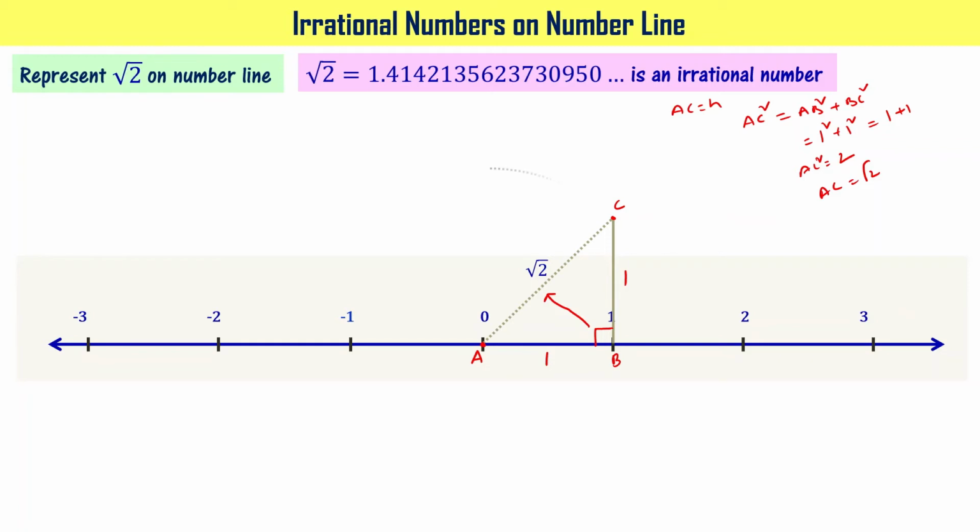If I draw a circle using a compass, then that circle is cutting the number line at this point, right? Let me mark that point. That point is root 2. Understood? Now by doing this exercise, we could mark root 2 on the number line, right?